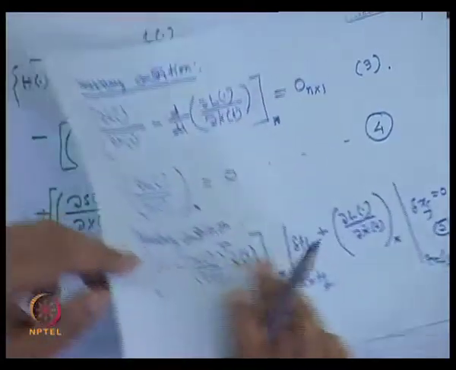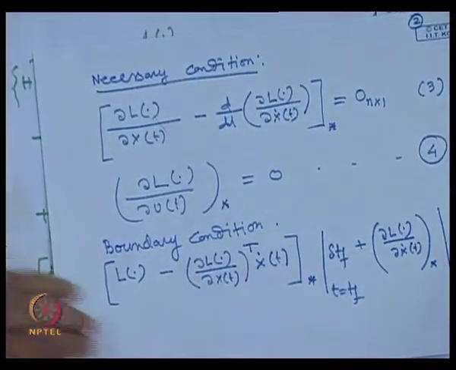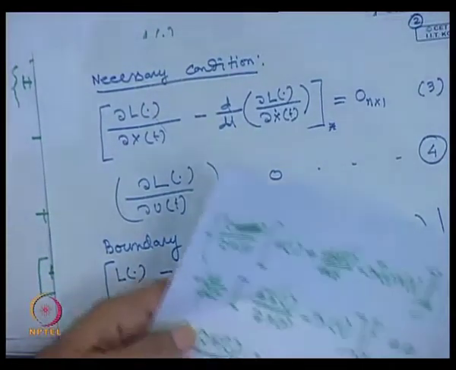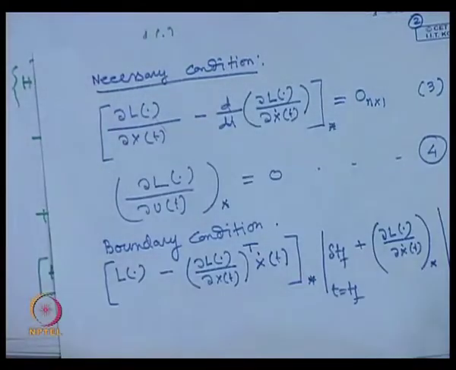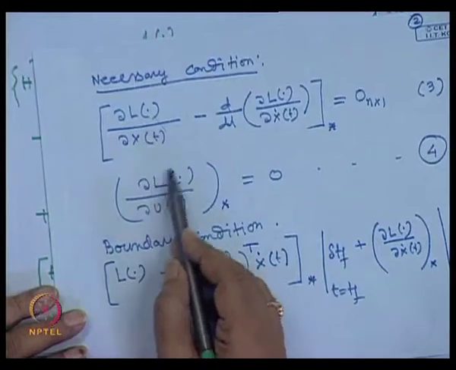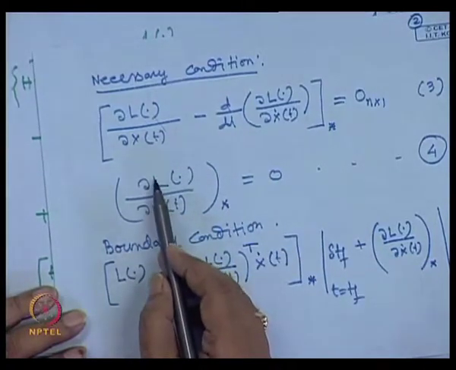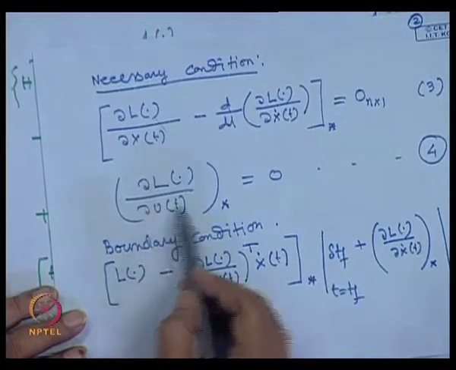We got the condition del H del lambda is equal to x dot, agree. Then when we replace the L expression by the Hamiltonian, we got del H del u is equal to 0.